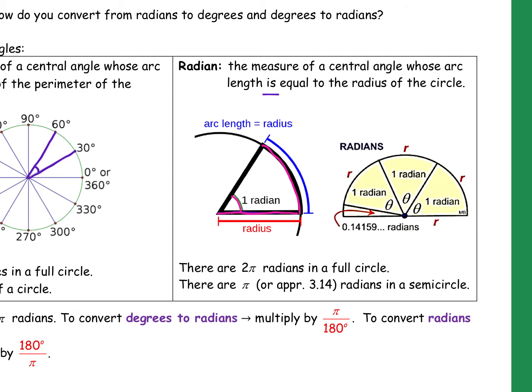If my circle is really big and I take the radius and flip it over on the outside of the circle, it takes 3.14 of those radiuses to get half a circle, no matter what size my circle is. Kind of cool, right? So that's where radian came from. And then of course 1 pi is half, and 2 pi is all the way around.